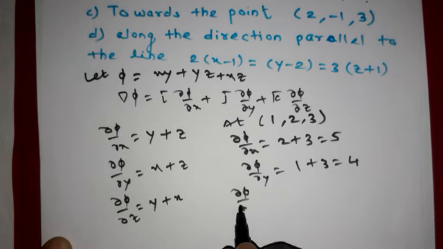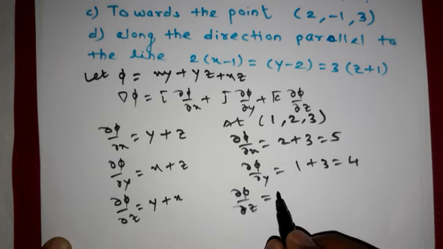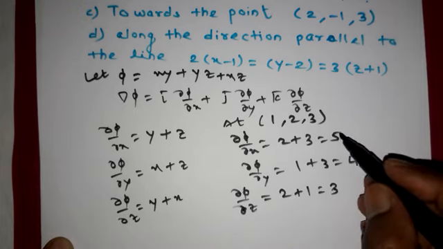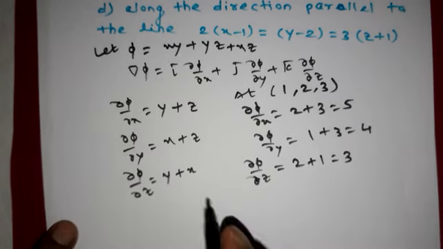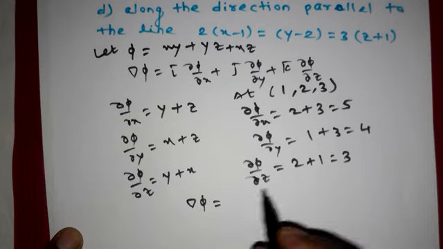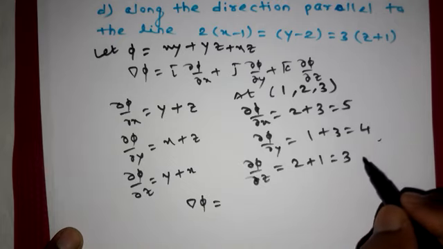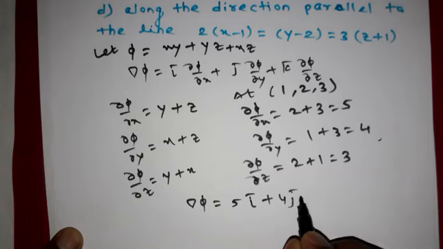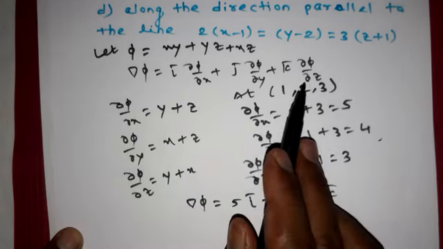Then dou phi by dou z at (1, 2, 3) is 2 plus 1, it is 3. So I get 3 values, 5, 4, 3. So my answer is del phi is equal to 5i bar plus 4j bar plus 3k bar, using the concept of del phi.